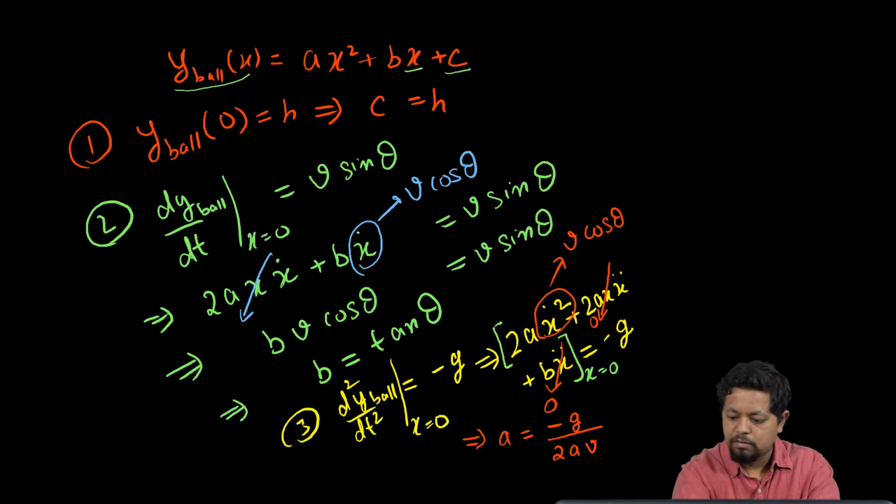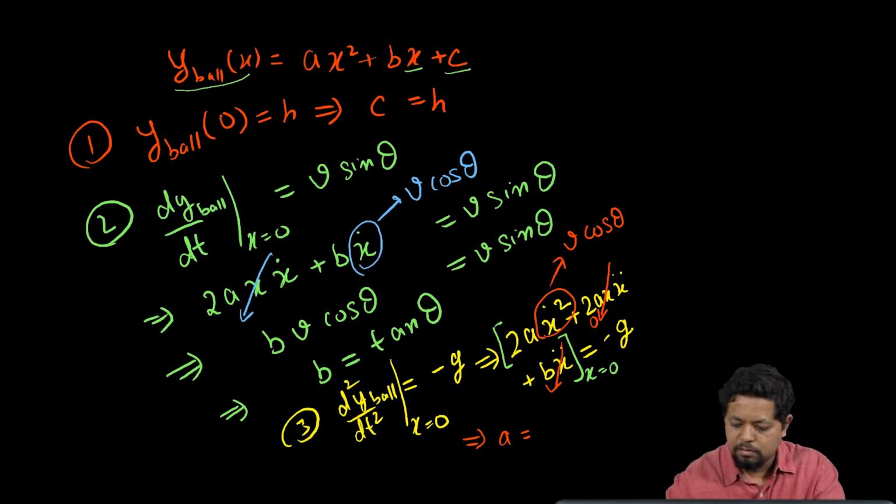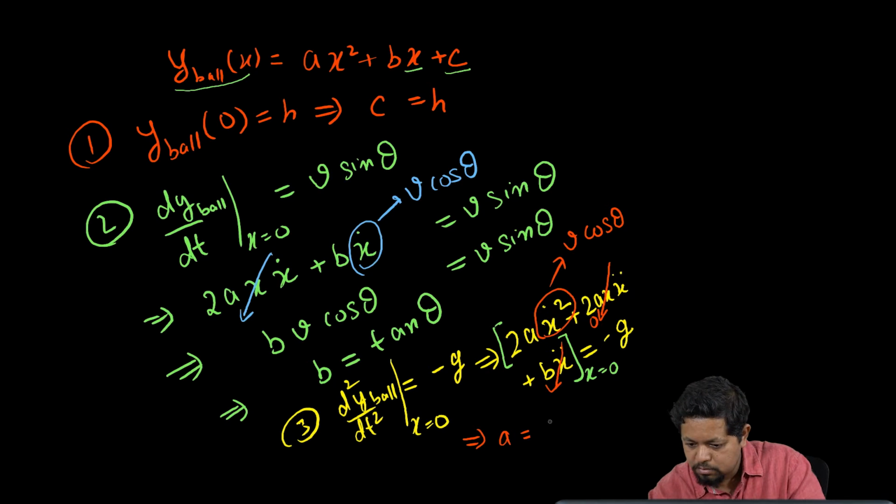I get minus g by 2 v square cosine square theta.